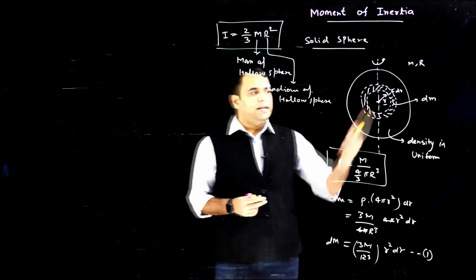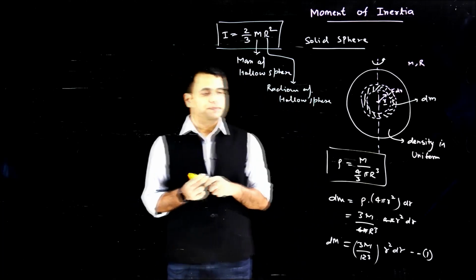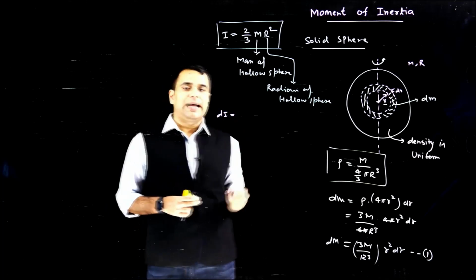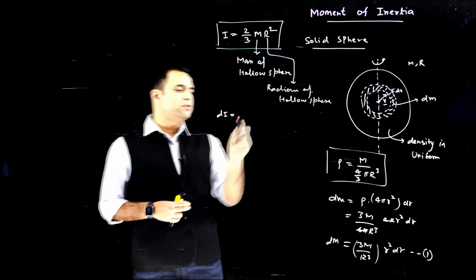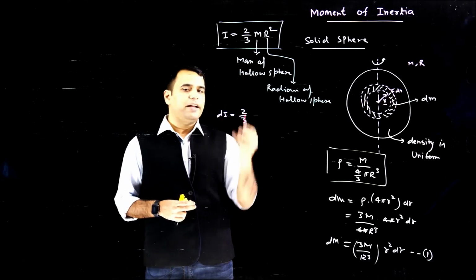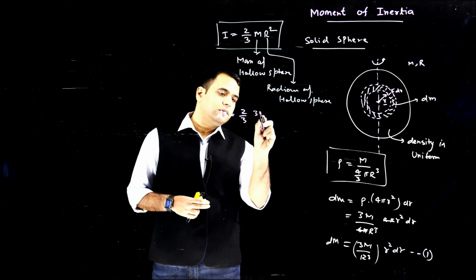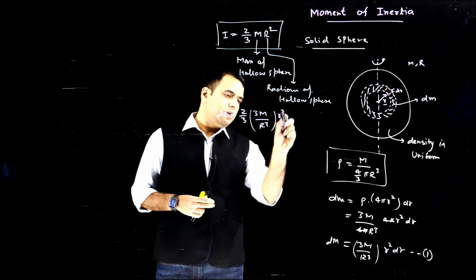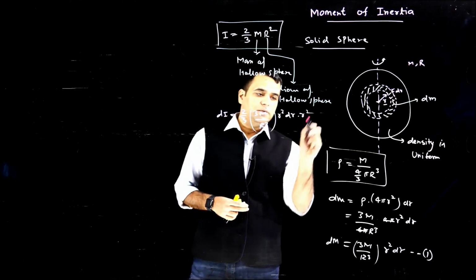So now we have the radius for this element as well as the mass for this element, and we have the formula also. Then using the formula, we can calculate the moment of inertia for this element about the diameter. Then dI will be equal to 2 by 3, that's a multiplication factor here, multiplied with the mass, which is 3M upon R cube into r square dr, multiplied with small r square.